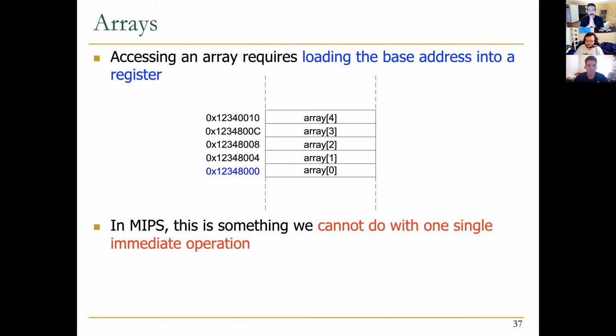And you know that in MIPS, even loading this address is not something that can be done in one single immediate operation. Even imagine that we know the exact address, as in this case, any memory location in MIPS is indicated by 32 bits.